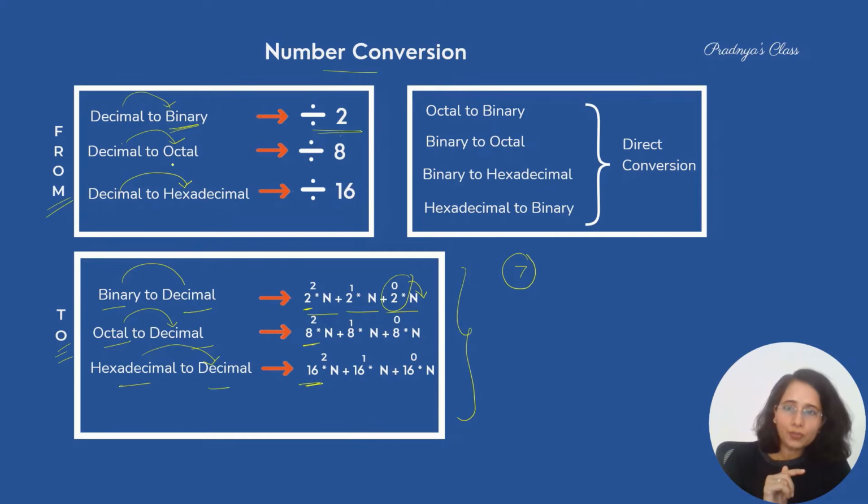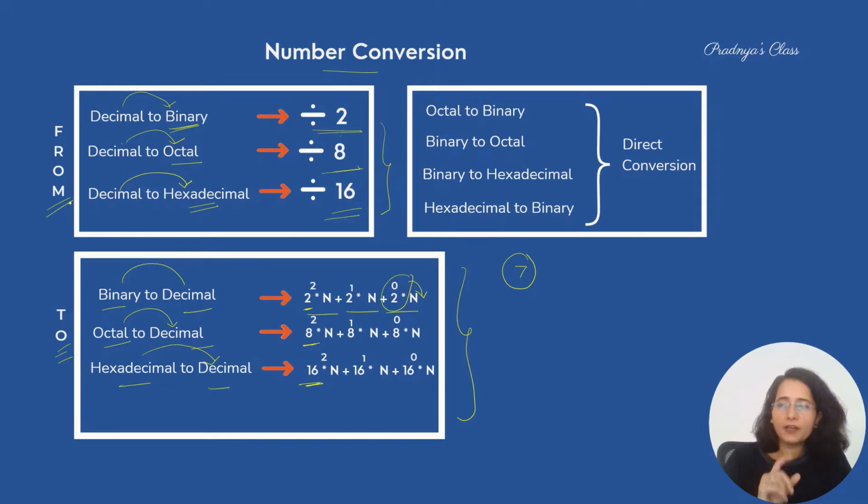If we are going to convert to octal, we have to do repeated division by 8, and if you have to convert to hexadecimal, we have to do repeated division by 16. So this set is also very easy to keep in mind. These 6 conversions are related to only decimal.